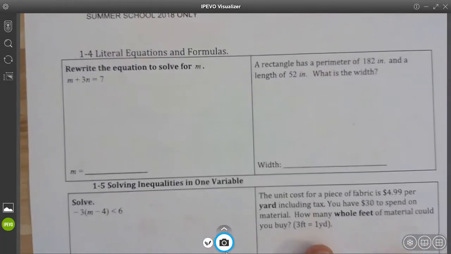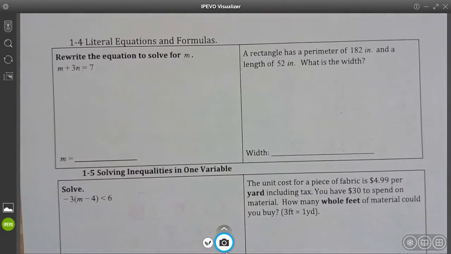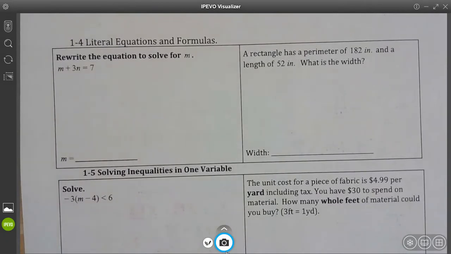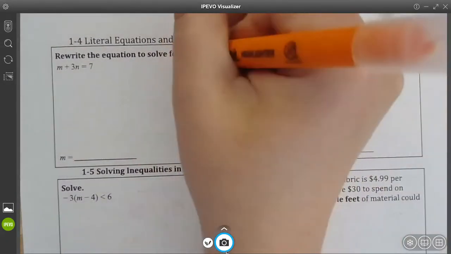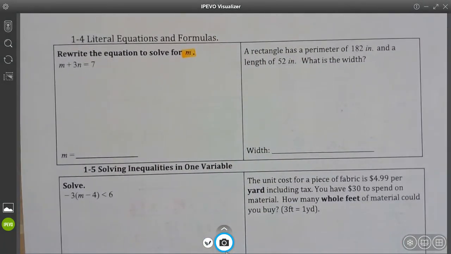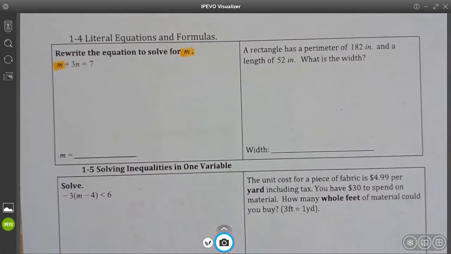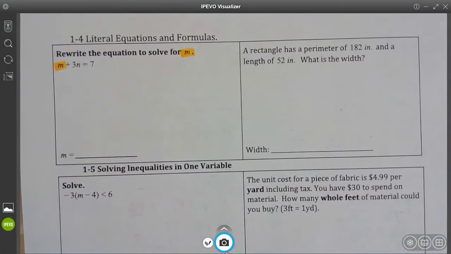Section 1-4 is literal equations and formulas. So the first one is just asking us to rewrite an equation to solve for m. A literal equation is just going to have a couple variables floating around in them. The idea is that we want to get 3m by itself.